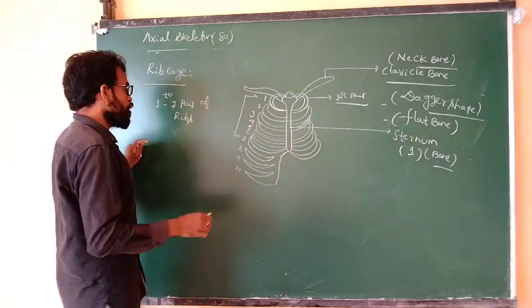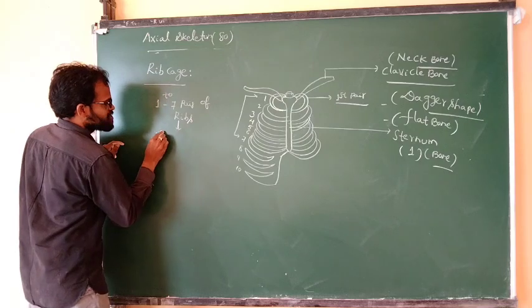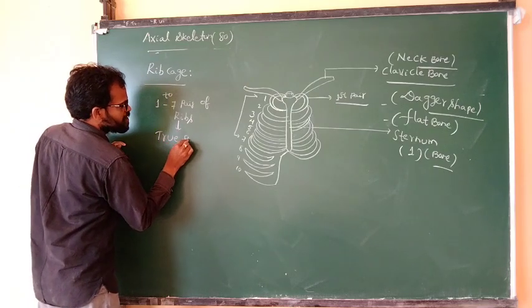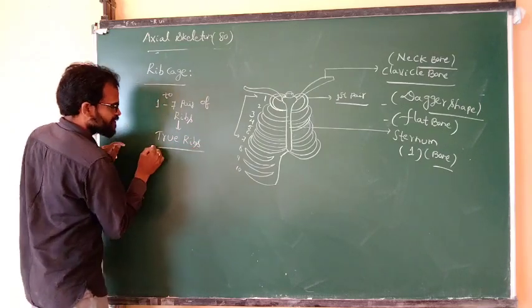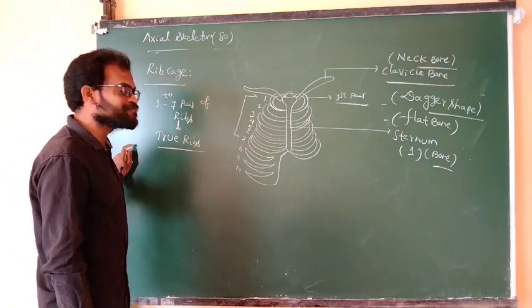The 1 to 7 pair of ribs is known as true ribs.